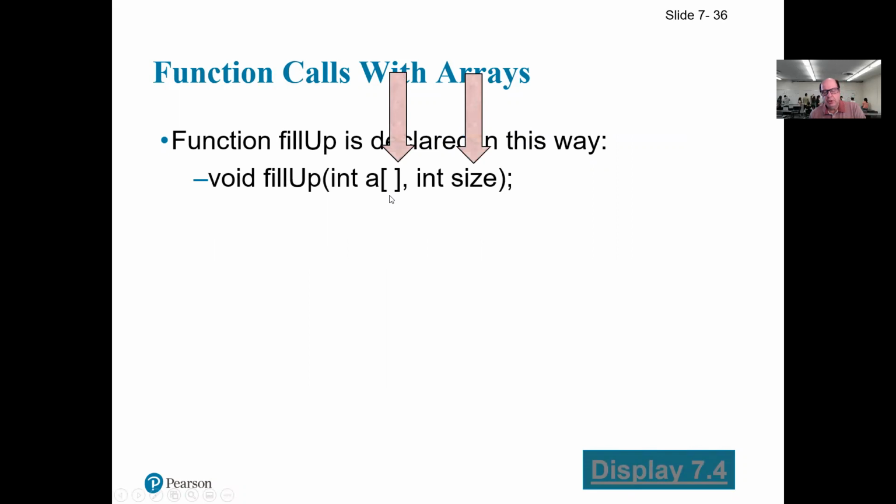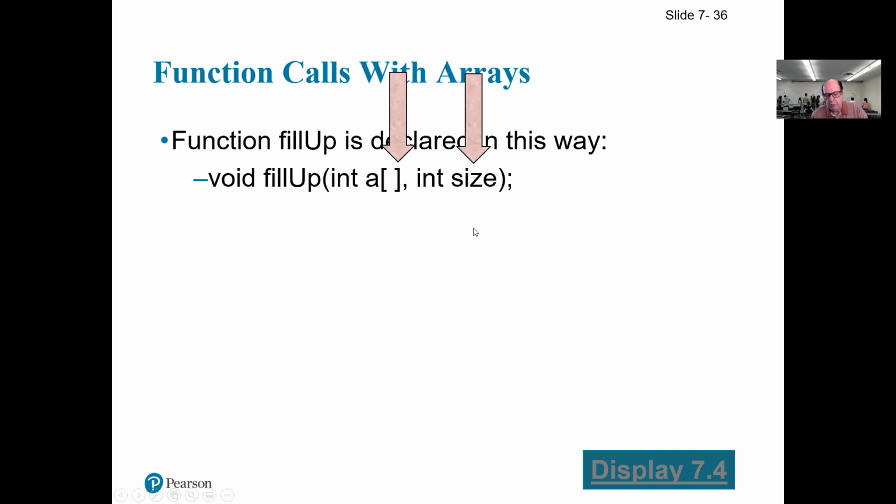We put the empty brackets and we pass the size of the array. Why? Because when we're passing an array into a function, it knows where it is starting, it knows its data type, but it doesn't know where it is ending, and that can actually be beneficial to us. We're going to talk about in the next section why that is beneficial. So we need to pass the size.